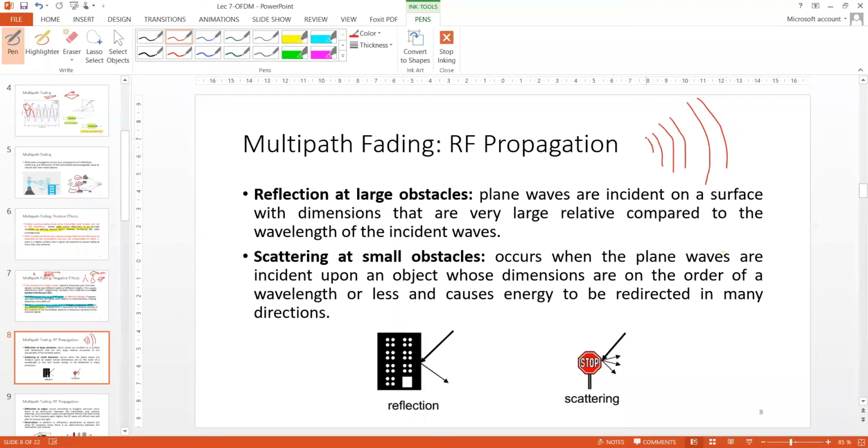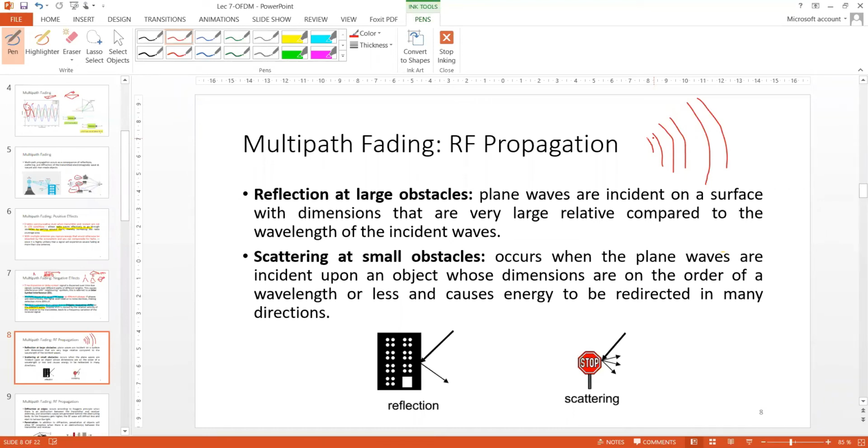Some of the signals might reach directly towards the receiving antenna. Some might take other paths on their way between the transmitter and receiving antennas. The path taken by the signal depends on the type of obstruction or obstacles present between the transmitter and receiver module.